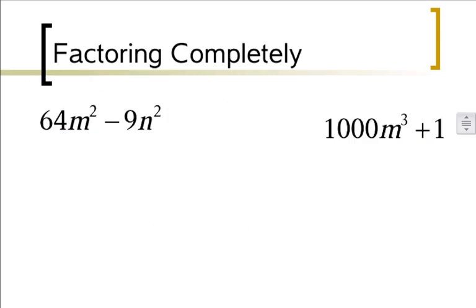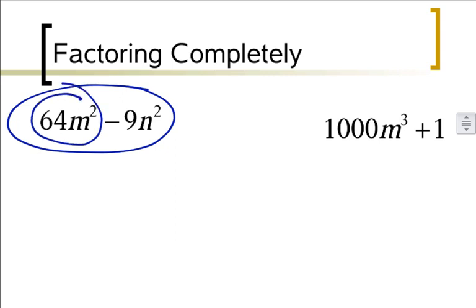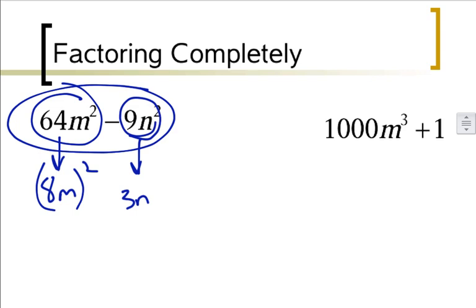So now I look at this next problem, and it's still a binomial, so I'm still thinking, alright, difference of squares, because that's what I do when I have 2 terms, but I have to look for factors first, and there aren't any. But this is actually difference of squares, because 8 squared is 64, so this turns into 8m squared, and this is 9n squared, so that's 3n squared.